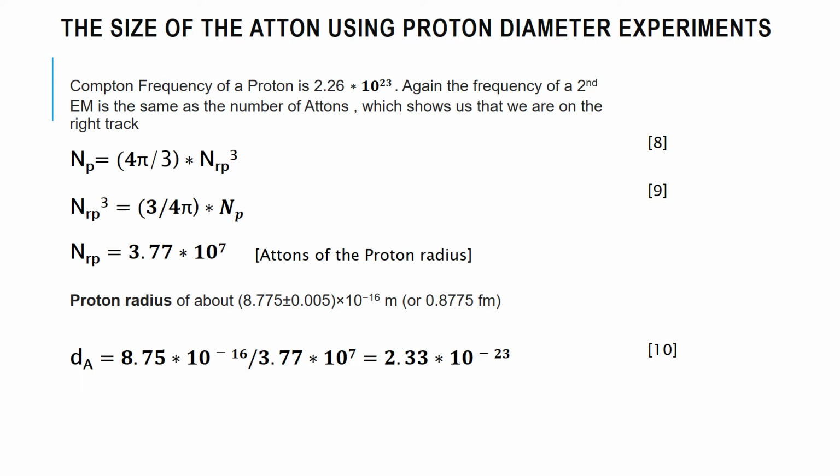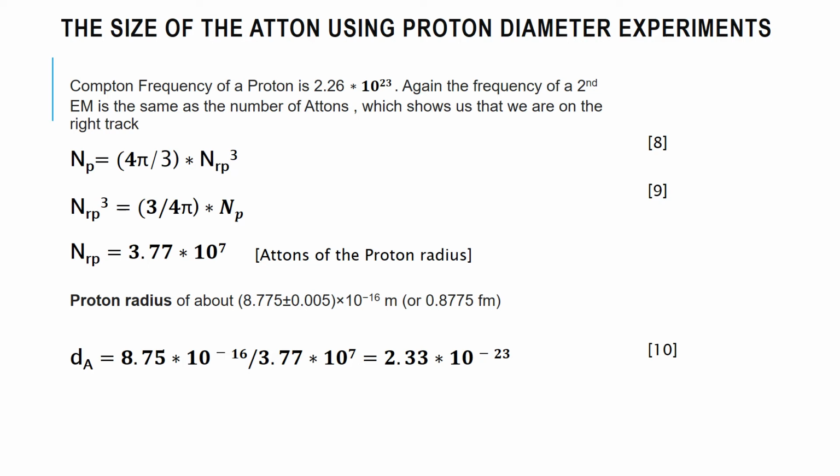Then we can take the well-established proton radius that has been experimentally narrowed down in the last 10 years to 8.77. Then we divide that radius by the number of attons in the radius, which gives us the dimension of the Atton.